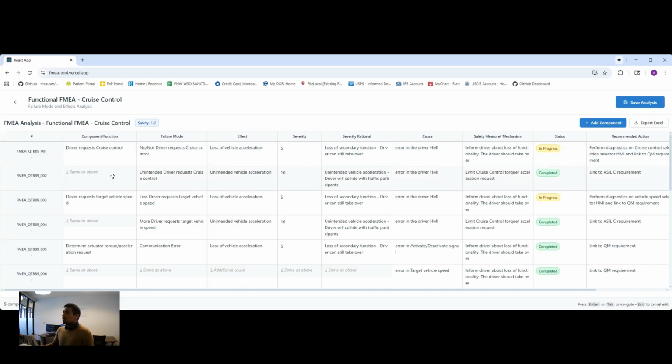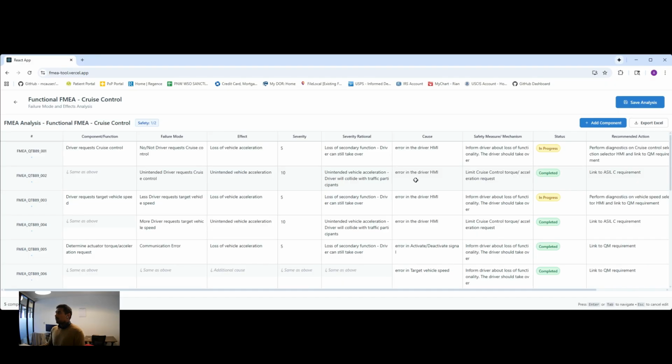Here's another example for a safety critical issue: an unintended driver cruise control request. The effect of this is unintended vehicle acceleration. So the vehicle starts accelerating by itself. This is a safety critical issue because it's going to collide with any traffic participant who's in front of the vehicle.